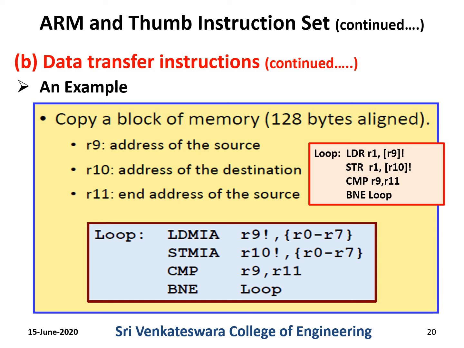But if we compare LDR and STR instructions with multiple load, multiple store instructions, the complexity of LDM and STM instructions is more compared to LDR and STR. LDR and STR instructions can be executed within one clock cycle, whereas LDM and STM will take more than one clock cycle.